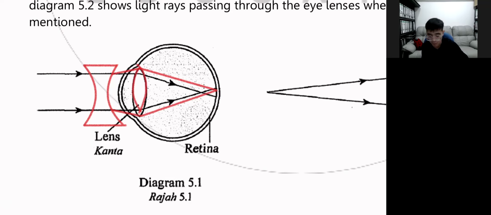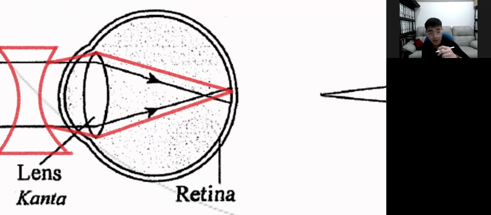Because of the convex shape, the eye lens will focus the light rays again. So now the light rays will be focused accurately at the retina. This is the correction of the light rays in a short-sightedness person's eye after wearing a concave lens.